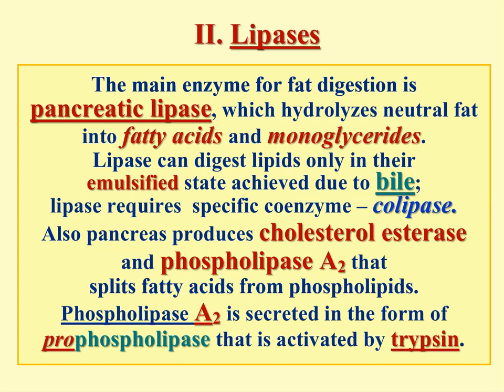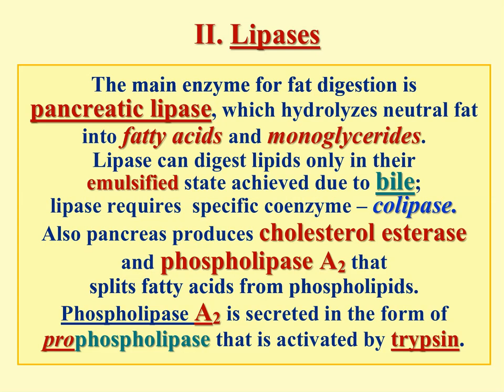Phospholipase A2 is the only enzyme not belonging to proteases that is also secreted in an inactive state and requires activation, as usual, by trypsin. It's initially secreted as prophospholipase, and under trypsin action becomes converted to phospholipase A2.